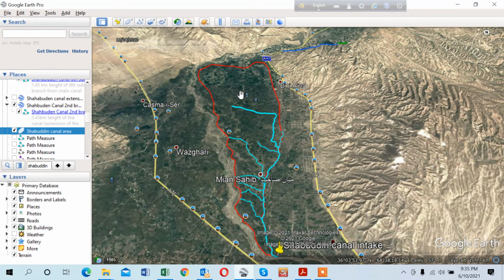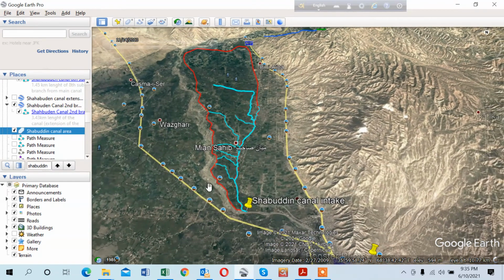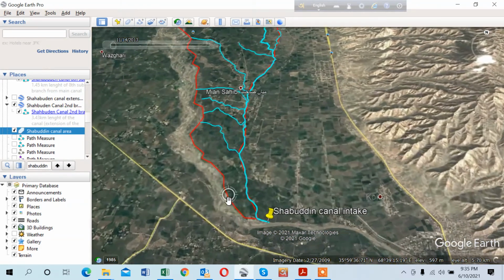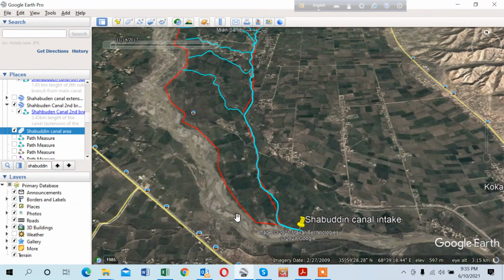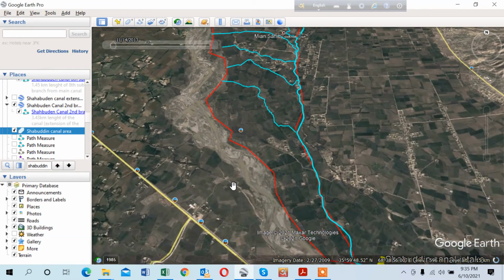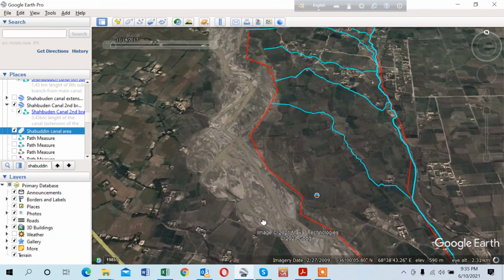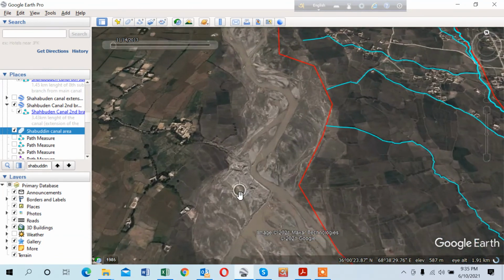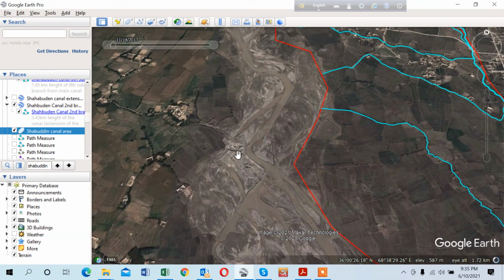In irrigation planning, you also have to see what the structures are, what other canals are over here. Shahabuddin Canal is here. You might have another structure here. Here is one structure called Gurgurak structure. So Gurgurak structure is also taking some water.